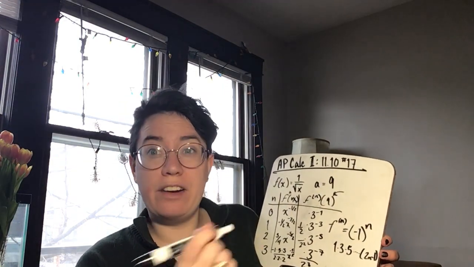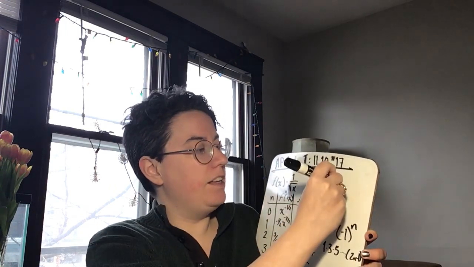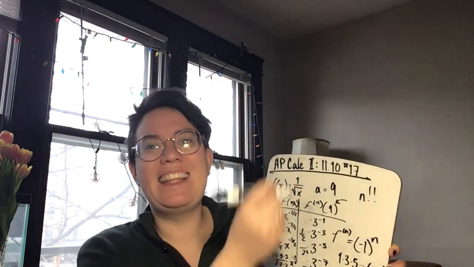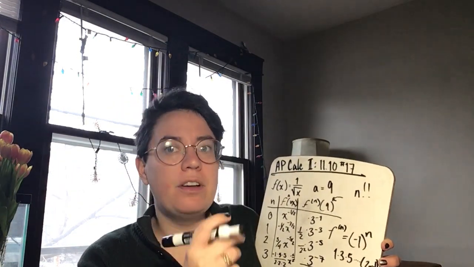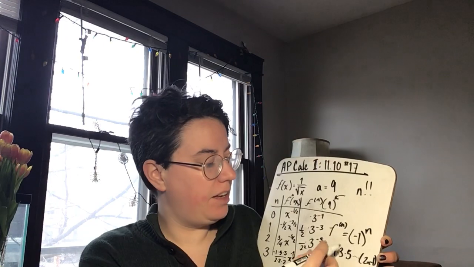There's also a shorthand for odd numbered factorial, which you don't see very often, n double factorial, but that gets confusing because you want to cancel it out. So you can just leave it as the odd expanded term like that.